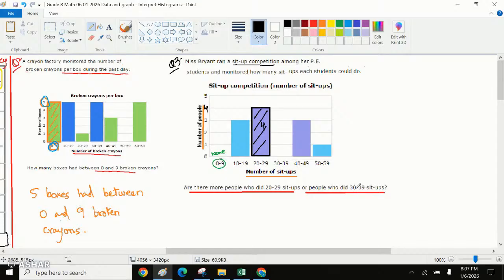What about 30 to 39? How many were there in 30 to 39? There's no bar, right? So there were no students, none of the students. So which set of students did more sit-ups?